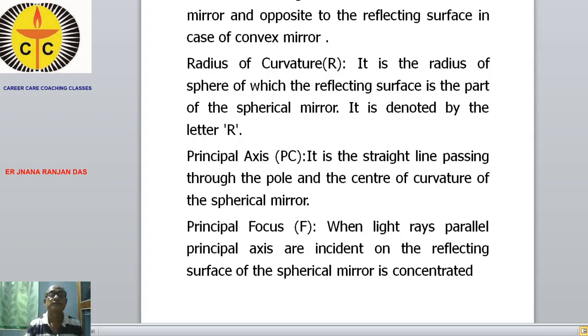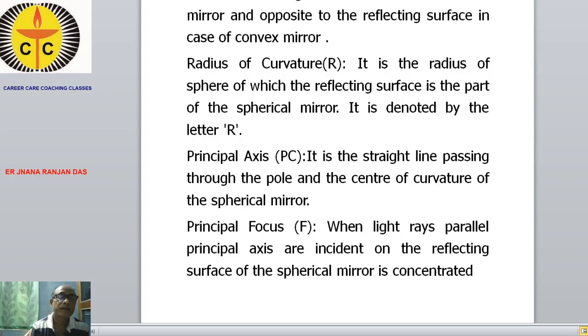Focus of a spherical mirror: when some parallel rays of light coming from a source, parallel to the principal axis, are reflected from the curved surface, they concentrate at a point.